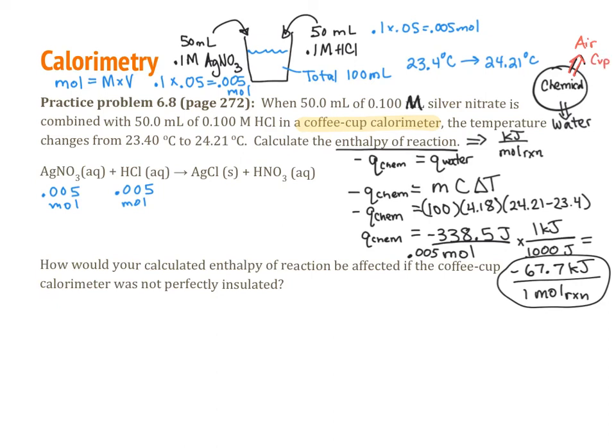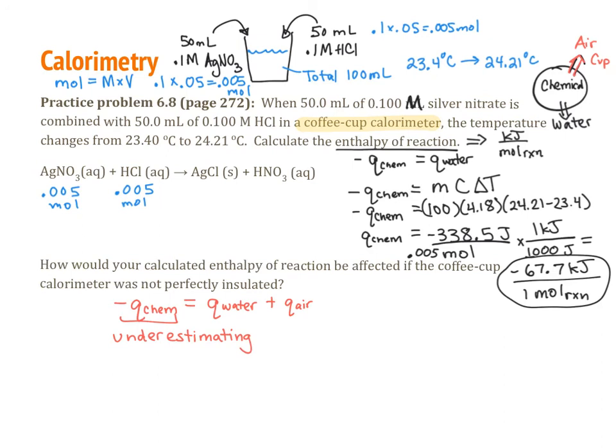And so, if that's the case, then our energy conservation equation would become energy lost by the chemicals is going to be equal to both the energy gained by the water and some energy gained by the air and the other surroundings. So that means if some energy went to the air, then we are underestimating this Q chemical because we're only able to measure the amount of energy that went to the water.